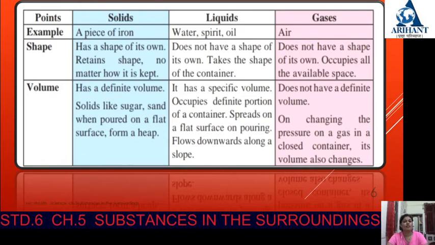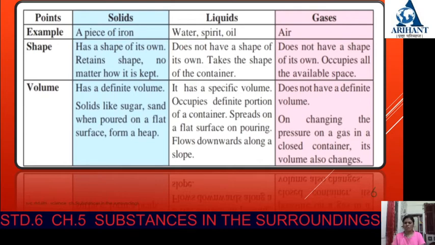Then the volume of liquid. It has a specific volume. It occupies a definite portion of a container. If we add half a container of water, it occupies only half the container. We can spread a solid all over the surface, but a liquid we cannot. Also, liquid spreads on a flat surface on pouring.